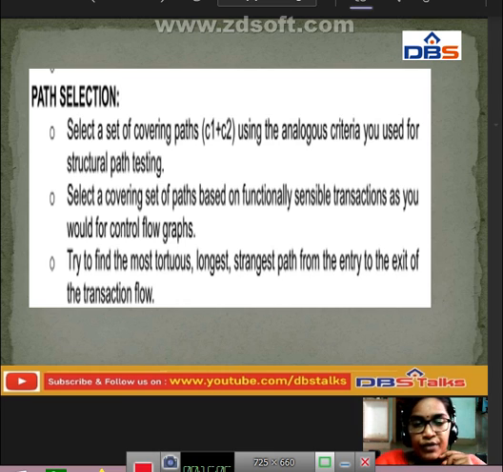From the entry, where the process starts, we can call it the birth of that particular transaction. From the entry to the exit, that is the death of that particular transaction. From the starting to the ending, you have to find the longest and strongest path.